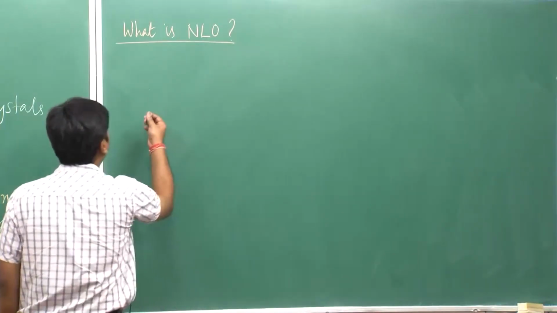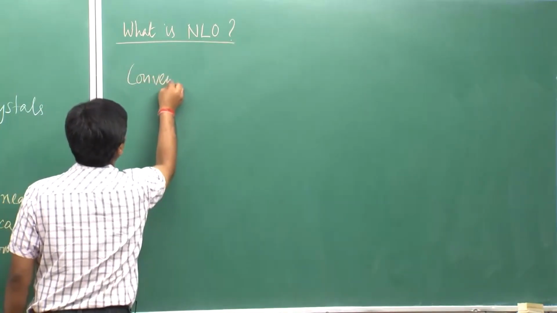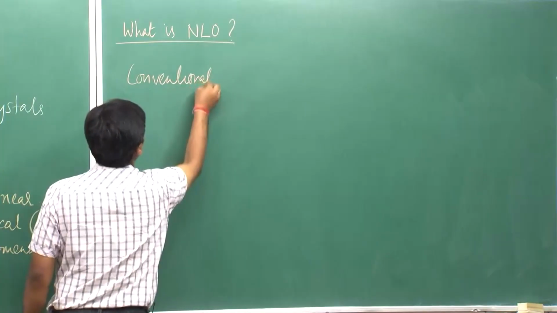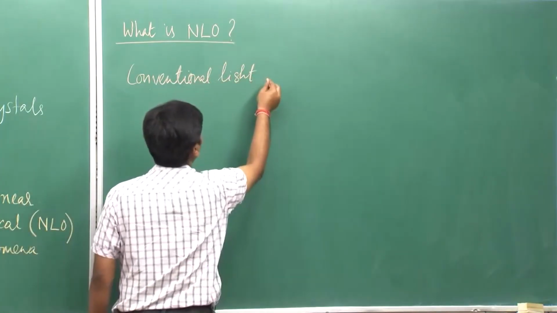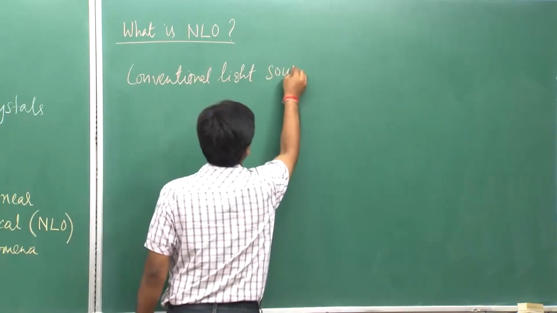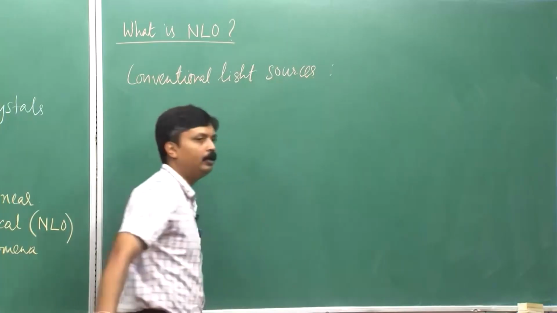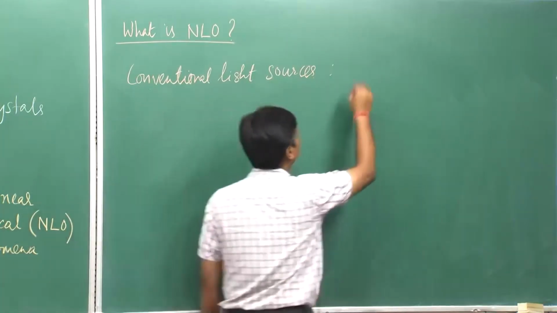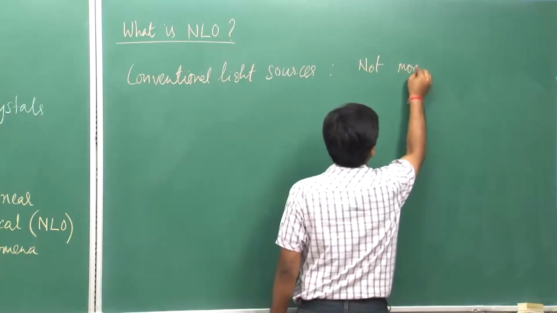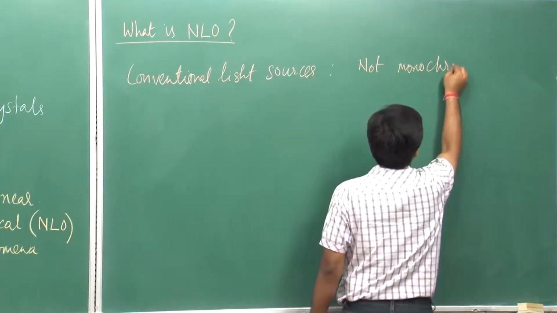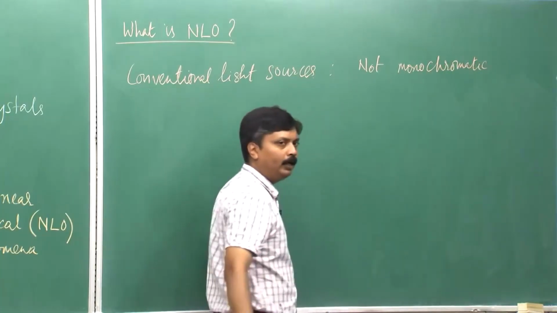So, if we consider conventional light sources, what are the properties that we have? In the first place, they are not monochromatic, fine.